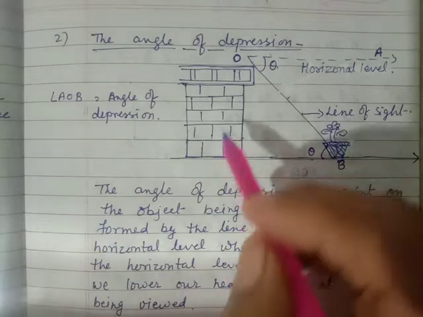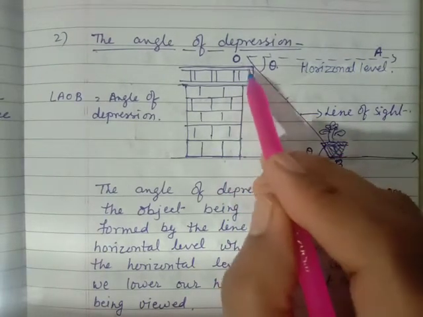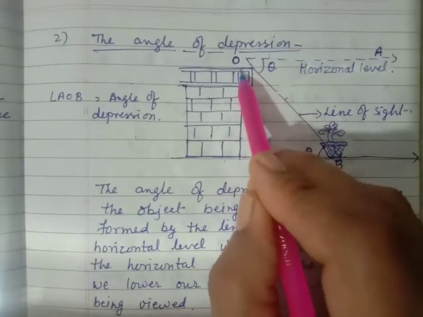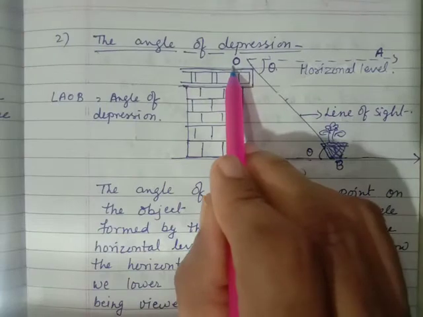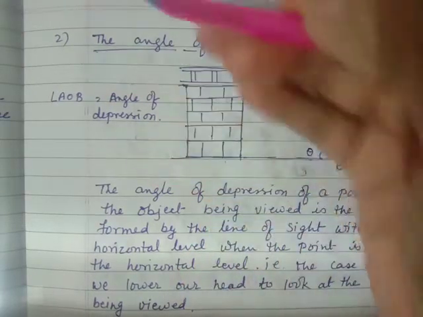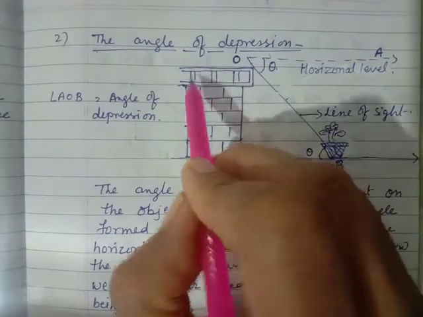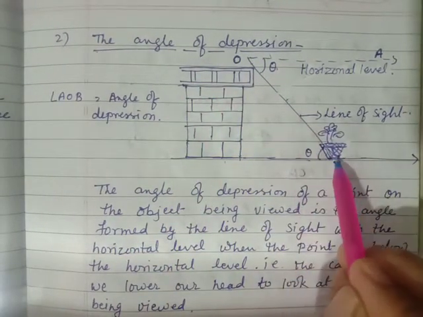Okay. Suppose this is a building, okay, and the observer is standing somewhere here to observe this flower pot, okay? So the observer is now at the top, above the object which is viewed, okay?